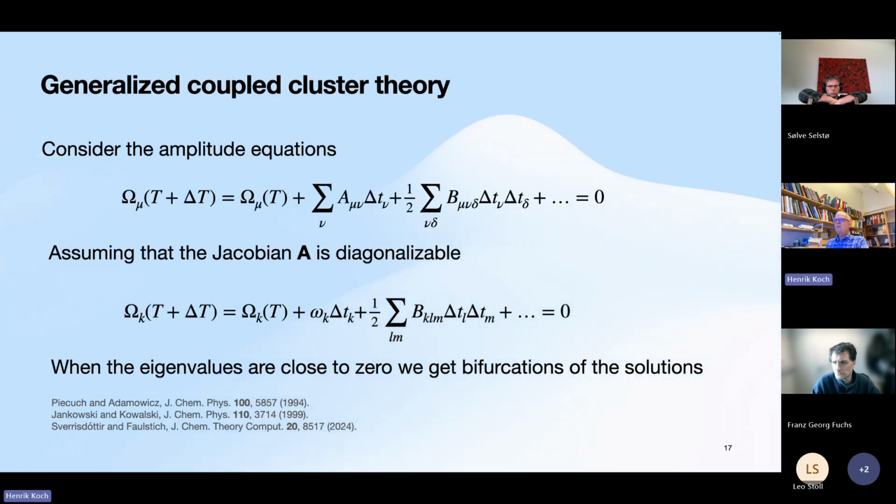So the problem with coupled cluster theory is that when you try to solve the omega equations, then you get into problems. And the reason is really that you have this nonlinear set of equations that you need to solve. And then you can do a Taylor expansion in order to understand more about what is going on.